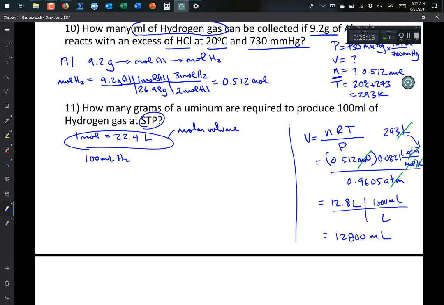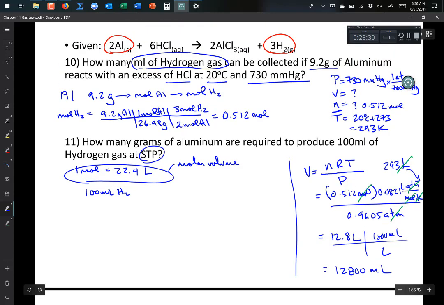Once we have that in moles, we'll use stoichiometry to figure out moles of aluminum, and then grams of aluminum from there, okay? I like to just string all these things together. I don't know how you guys do it, but that's what I'm going to do.